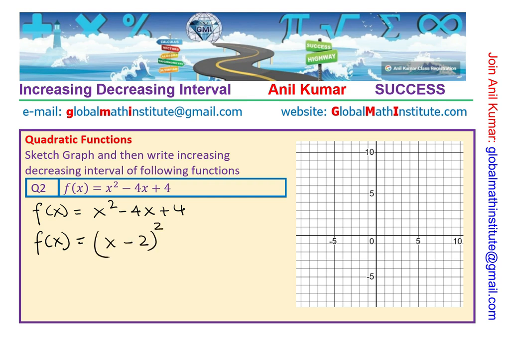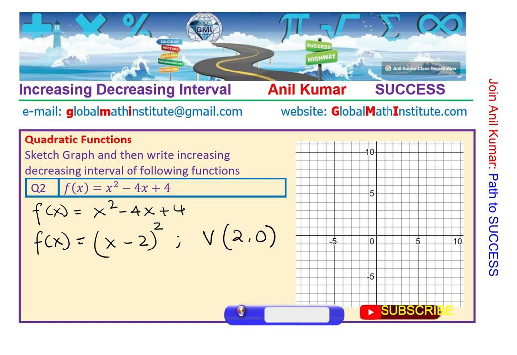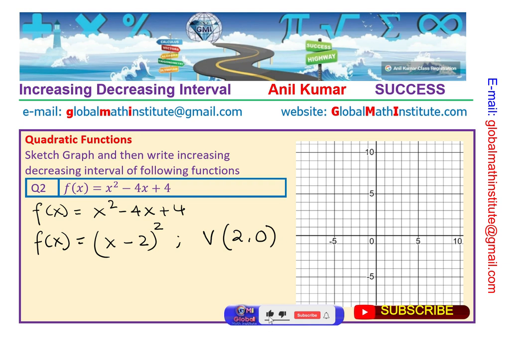Since 4 is a perfect square. So this trinomial x squared minus 4x plus 4 can be written as (x minus 2) whole square. That gives us the vertex at 2, the value is 0. So (2, 0) becomes the vertex for us right there.